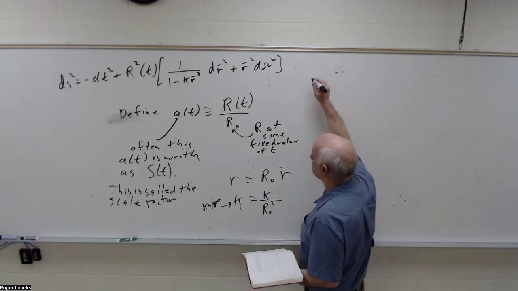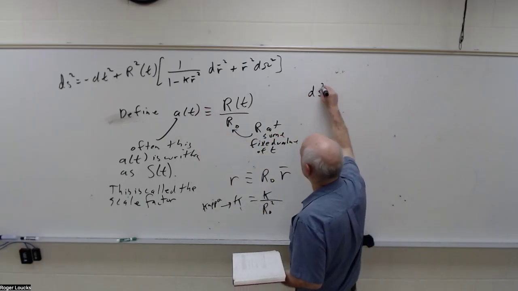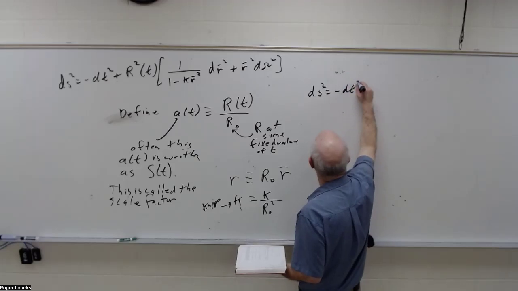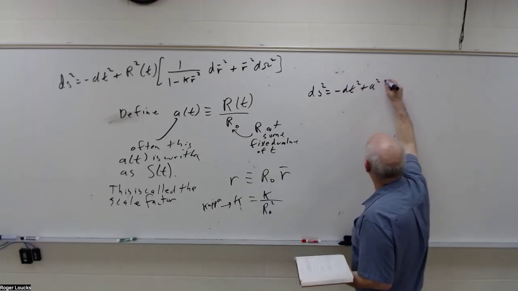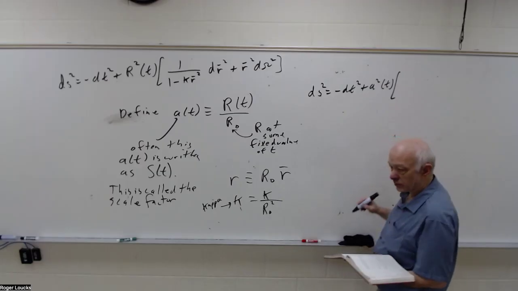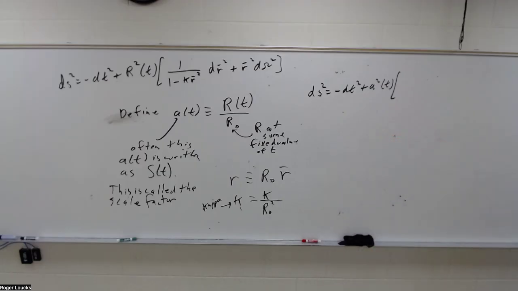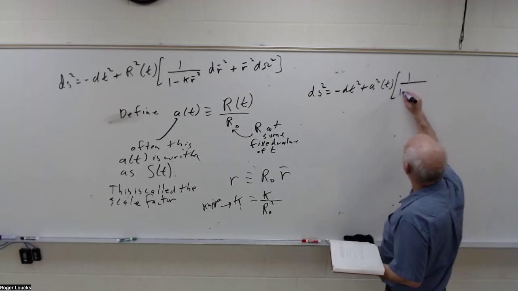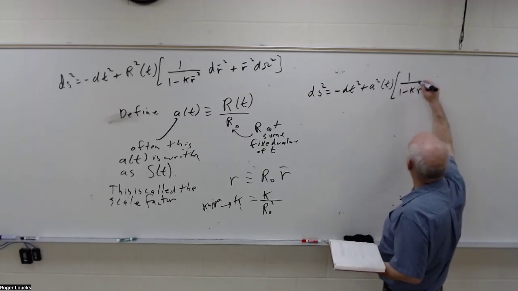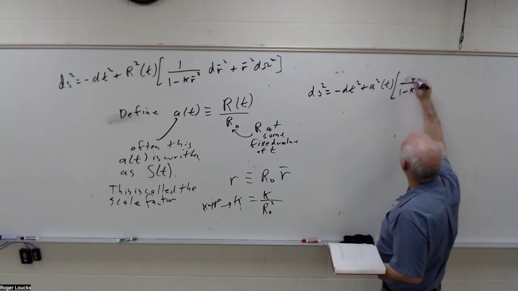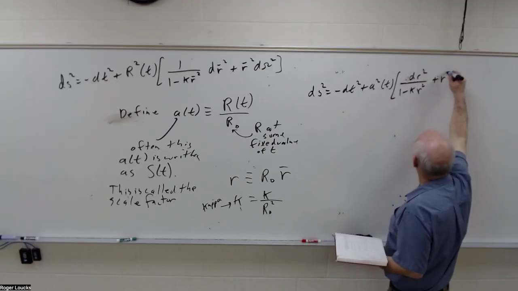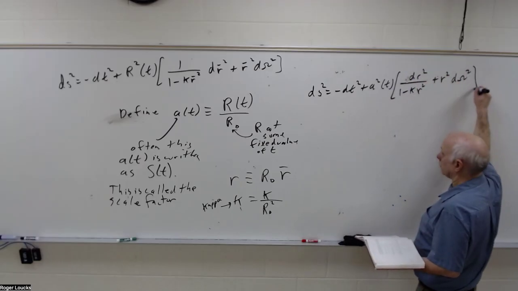What happens is this whole equation here becomes ds squared equals minus dt squared plus a squared of t times, oh, am I getting off the board? I think I can squeeze it. Okay. 1 minus kappa r squared, the dr squared here plus r squared d omega squared.